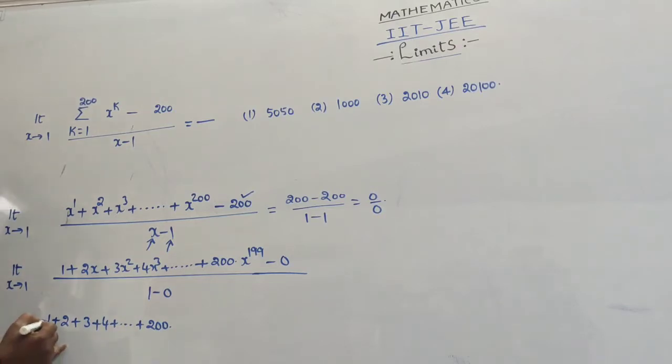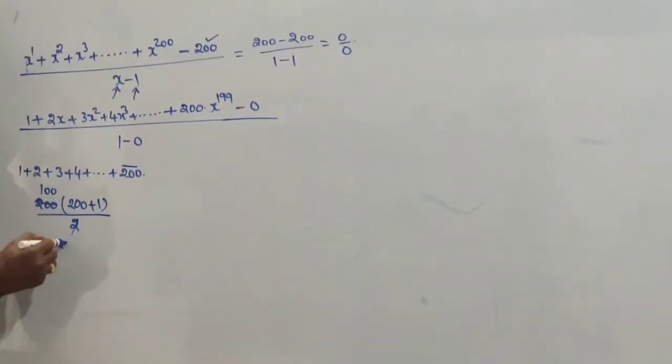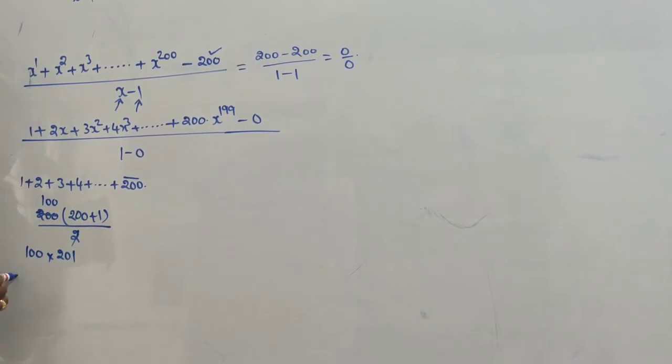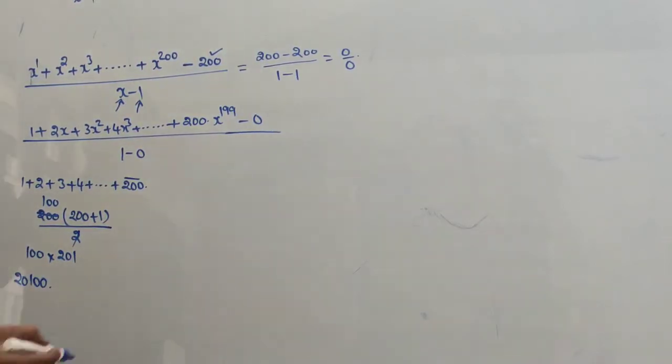So it is the sum of the first natural numbers from 1 to 200, so instead of n, 200 is there. Therefore, according to this formula, 200 into 200 plus 1 divided by 2. So that is equal to, 200 halves are 100, so 100 into 201. So that is equal to 20100. So which option is right?